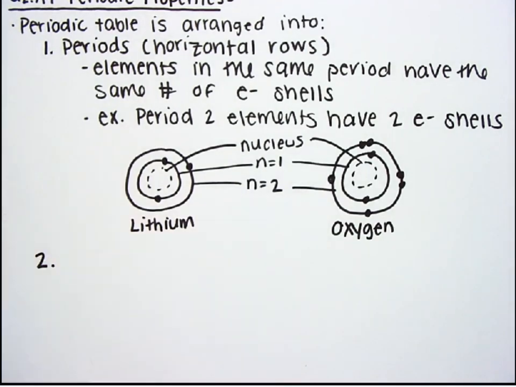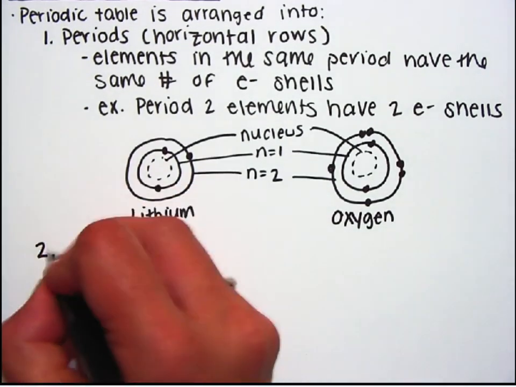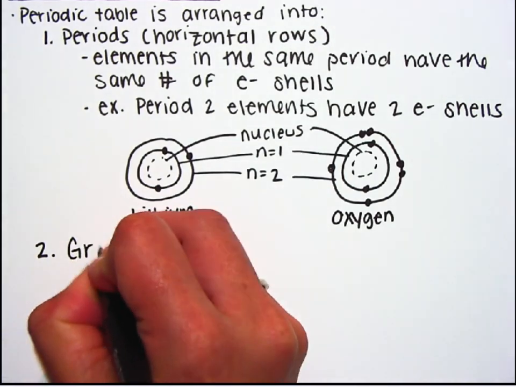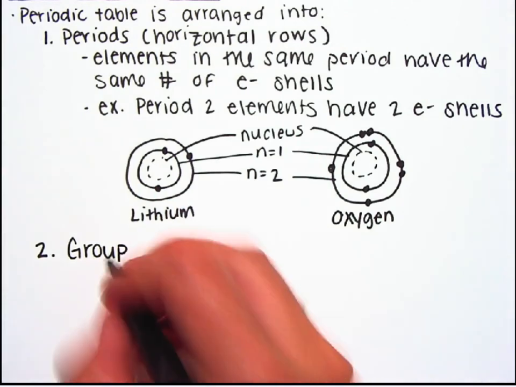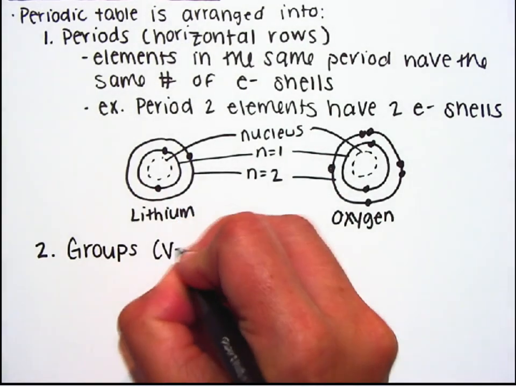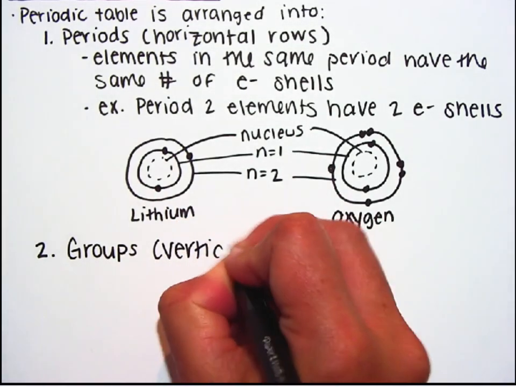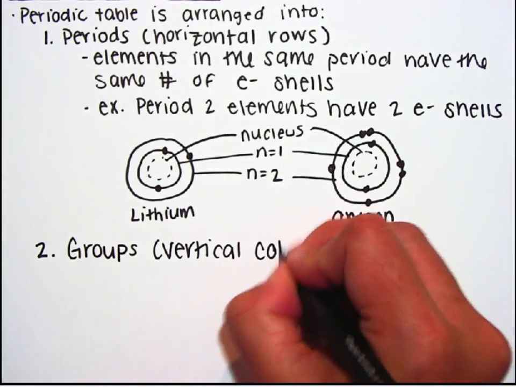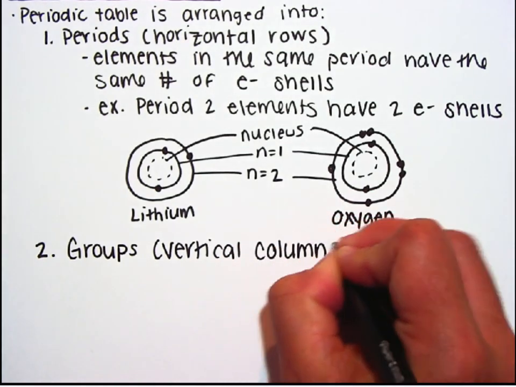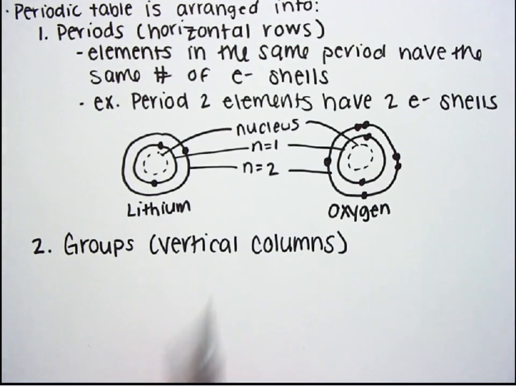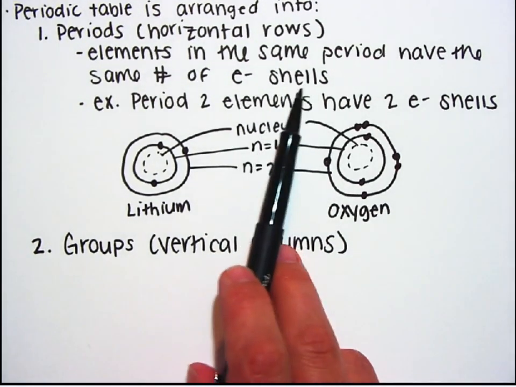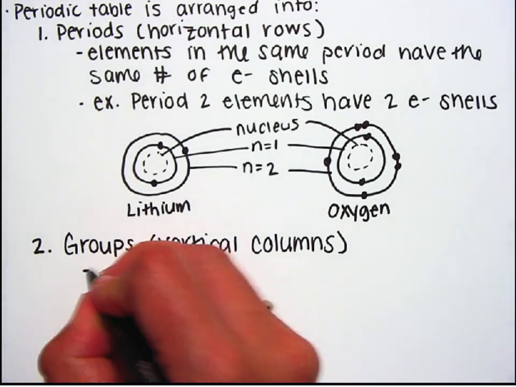We are also going to look at the groups of the periodic table. So periods are the horizontal rows, whereas groups are those vertical columns. Elements in the same period have the same number of electron shells.